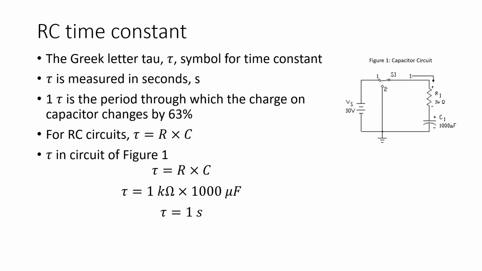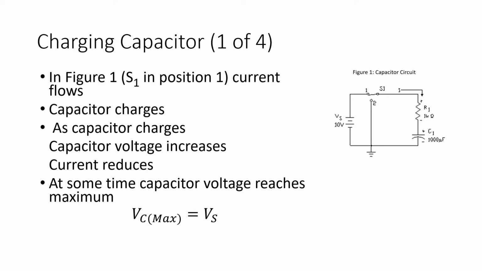So for the circuit of figure 1, the charge will increase across the capacitor in 1 second when the switch is in position 1. Looking at the circuit of figure 1 again, when the switch is in position 1, current will flow to charge the capacitor.